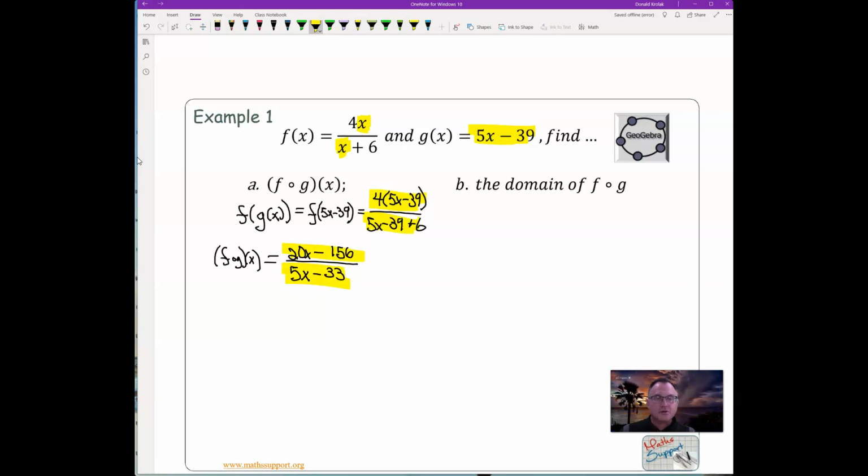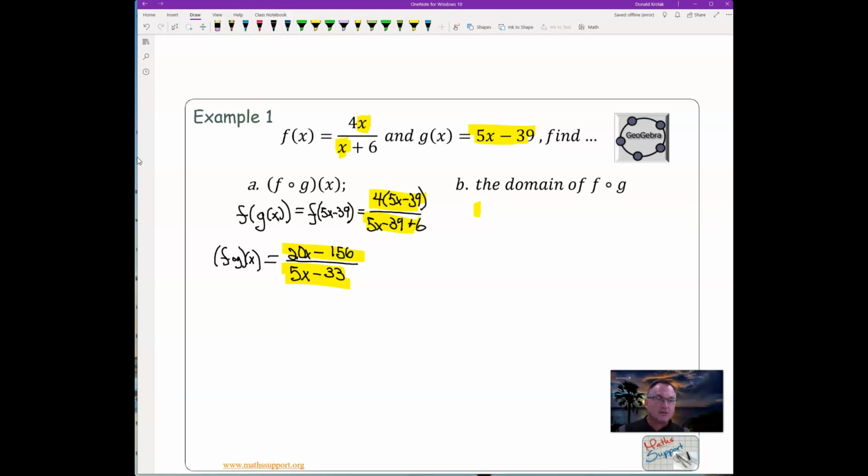Okay, now what we're going to do is the domain. We first do the domain of the inner function. Well, there are no restrictions on this. This is simply a diagonal line, so g of x has no restrictions.